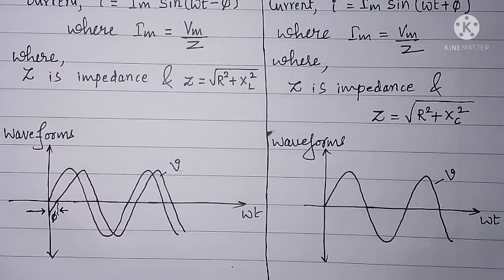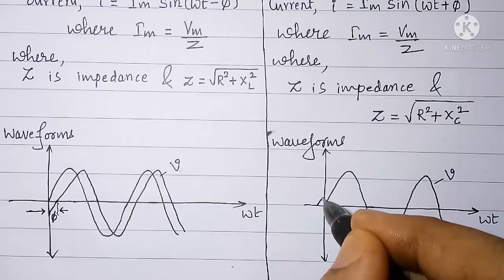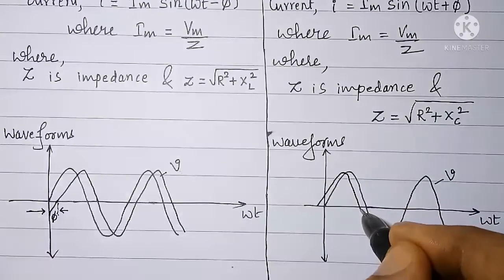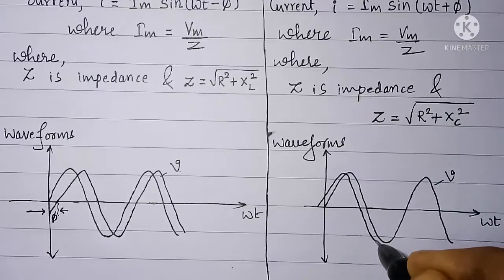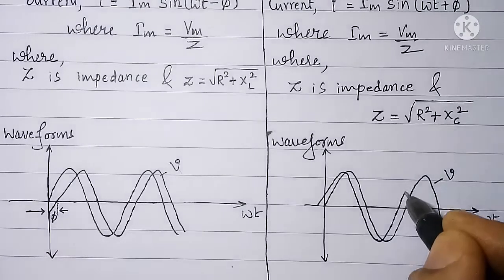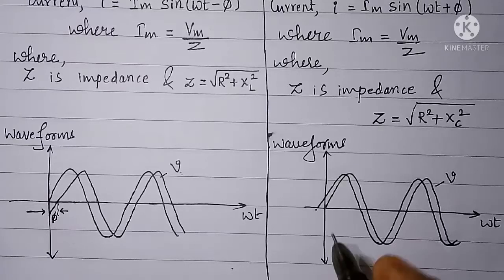So I can show current lagging the voltage by angle phi, whereas in case of capacitive circuit, current leads the supply voltage by angle phi.